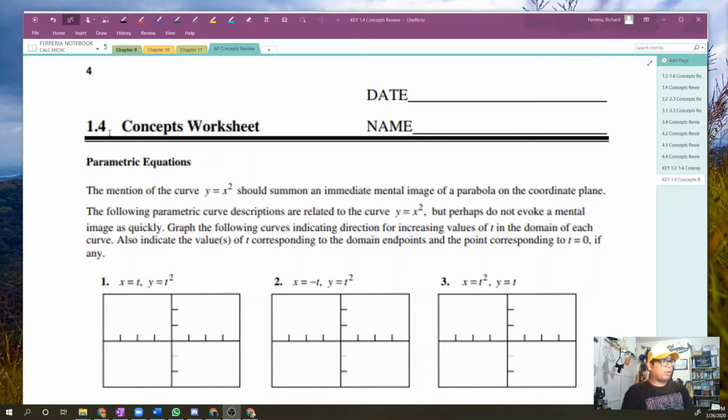Graph the following curves, indicating direction for increasing values of t in the domain of the curve. Also, indicate the values of t corresponding to the domain endpoints and the point corresponding to t equals 0, if any.